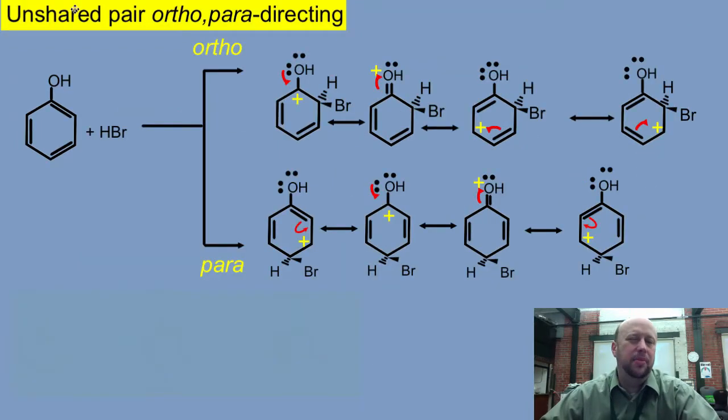So why would it be favorable to have ortho and para directing if it was an unshared pair on the initial group? So we're going to look at our phenol here, at our group that has a hydroxyl, an OH substituent. We're going to try to brominate that. We're going to try to add a halogen into that. So what happens there?